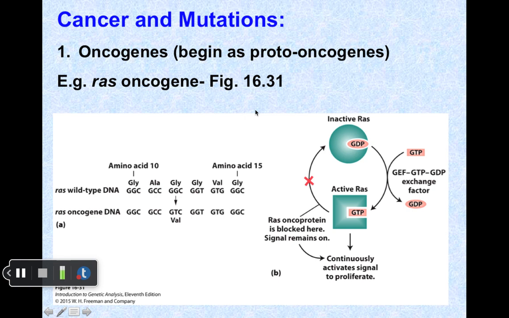What happens when individuals have mutations in the gene that codes for the RAS G protein is that the RAS G protein is stuck in its active state. That's what's illustrated here. So essentially we have this G protein always triggering cell division, even when it shouldn't. So again, this is just one example of an oncogene, a mutation in this gene that's causing uncontrolled cell division.